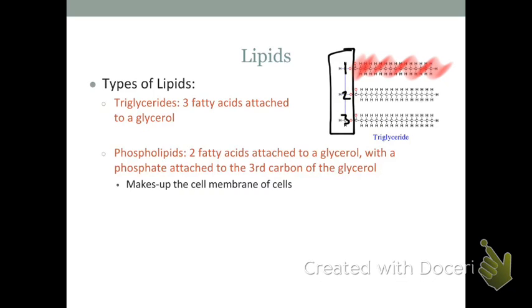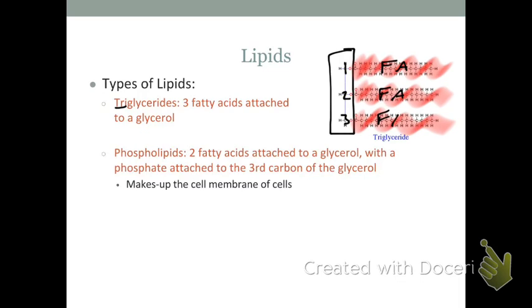Here are the fatty acids: 1, 2, 3. Why do you think they call it a triglyceride? 3 what? And those 3 parking spots are filled with fatty acids.